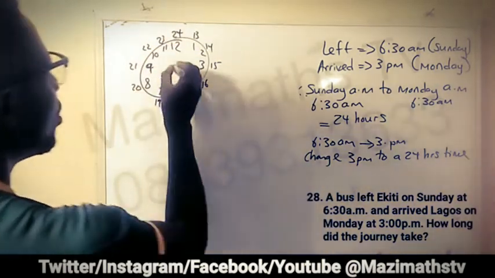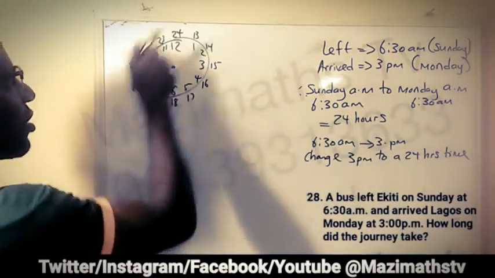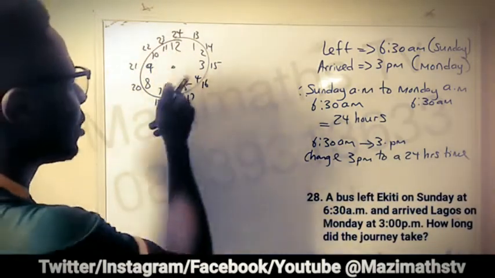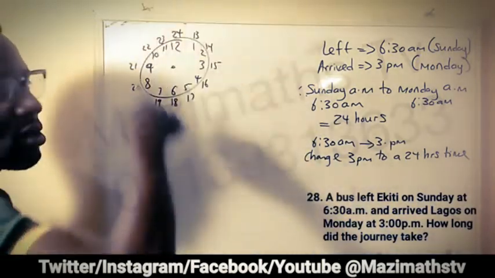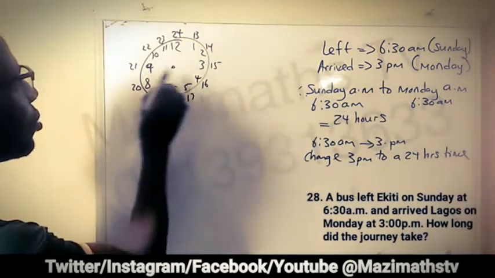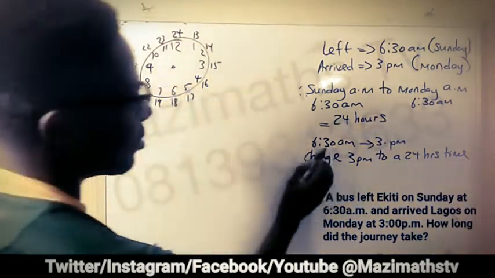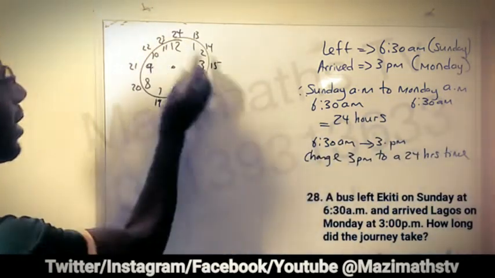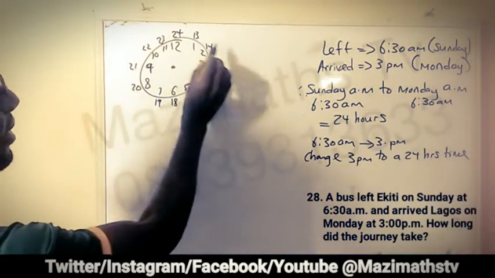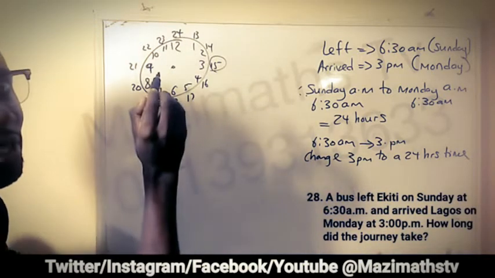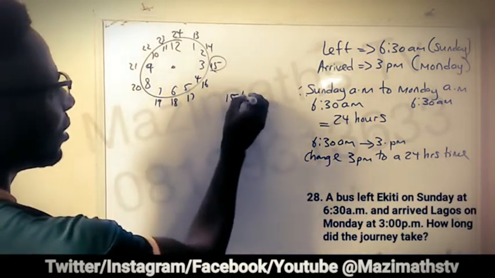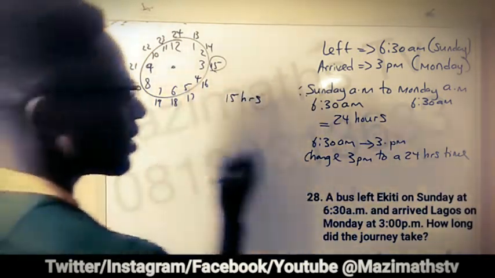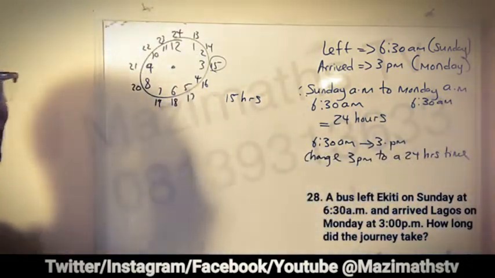The ones in the circle are the morning time, and the ones outside the circle are the afternoon time. So in the morning, this is 6:30 a.m. Then in the afternoon, 3 is 15. Are you getting it? That will be 15 hours. It will be very easy for us to take away this 6:30 from this now.